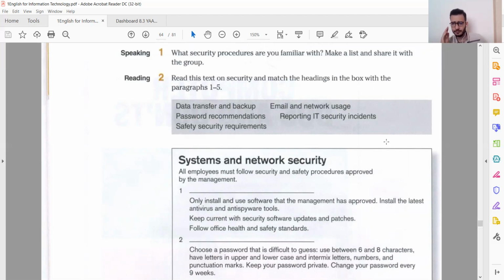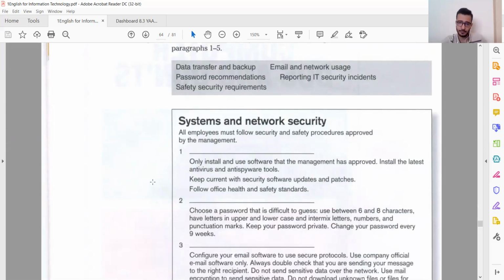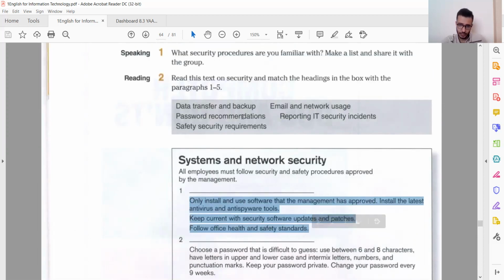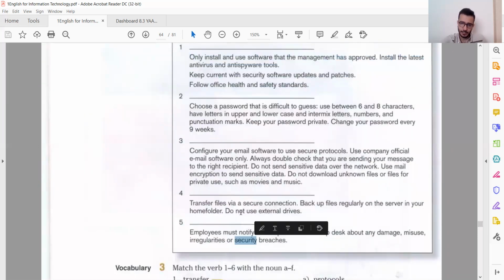So we will read each of these paragraphs, and we will see which one of these procedures this paragraph is about, okay? So we have five descriptions and five headings.